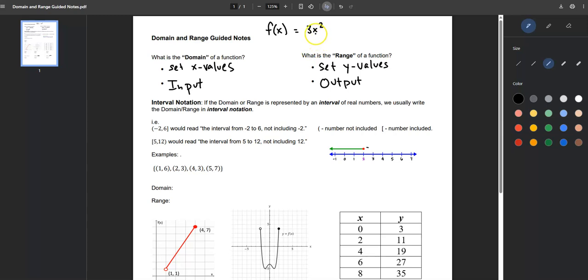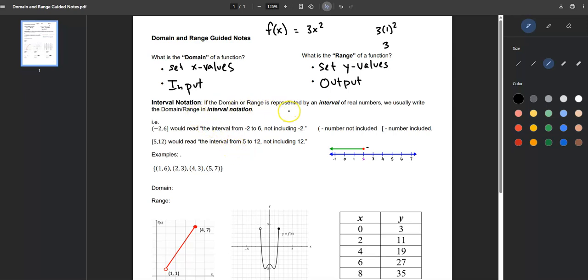Again, so if I decide to plug in 1 for this, right, that'd be 3 times 1 squared. That's my input. And what I get from it is 1 squared is 1 times 3. I get 3. That would be my output value. Okay? All right, so we want to know what numbers can we input and what values will I get out from those inputs.